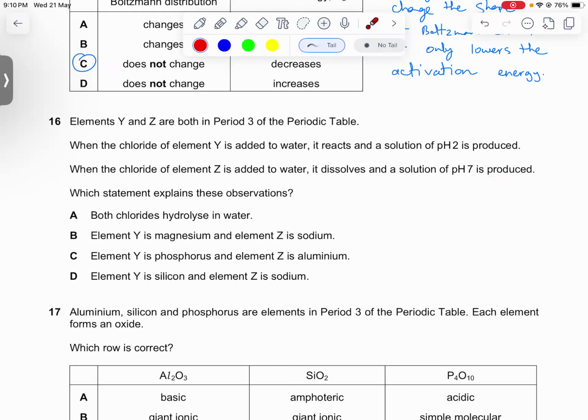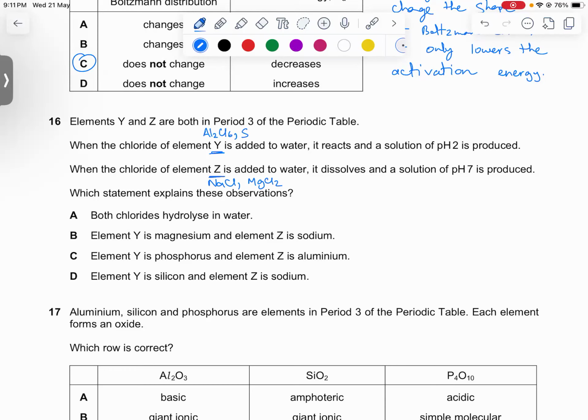So this means Z could be either sodium chloride or magnesium chloride. And Y could not be sodium chloride or magnesium chloride, but it could be aluminum chloride, Al2Cl6.